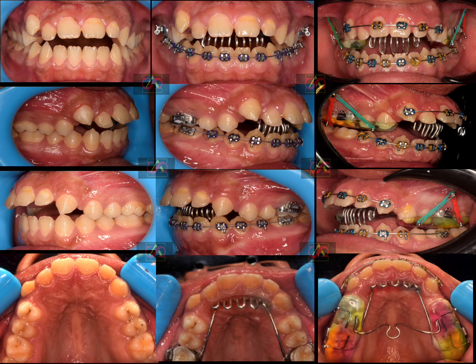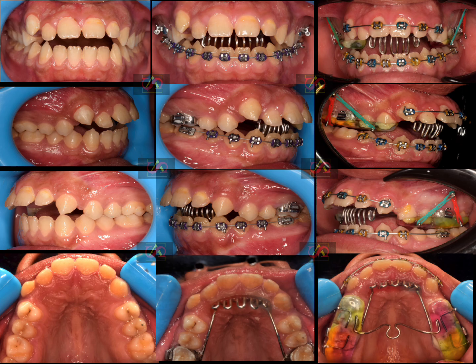So our treatment goes as follows. The patient first has a habit, which is tongue thrust. So I considered putting a tongue thrust habit breaker, which is a tongue guard, in my appliance.